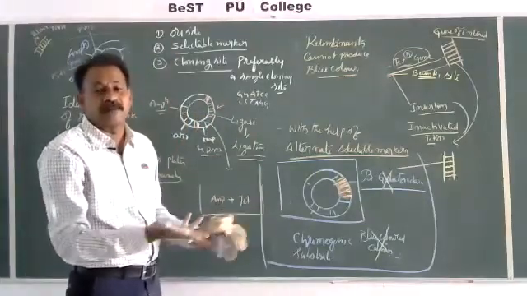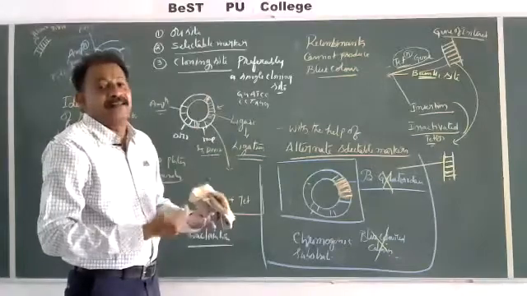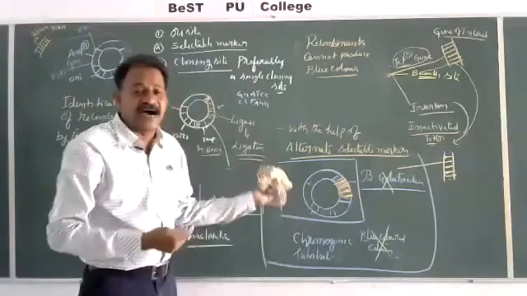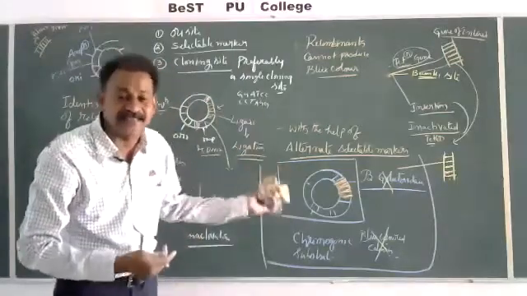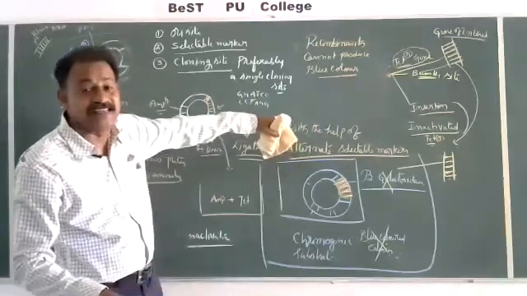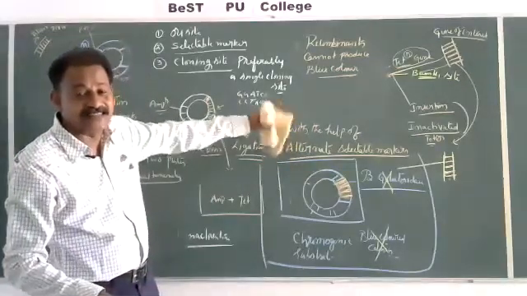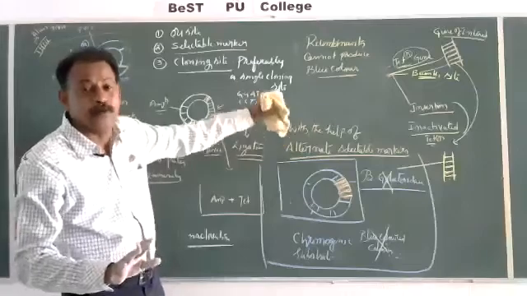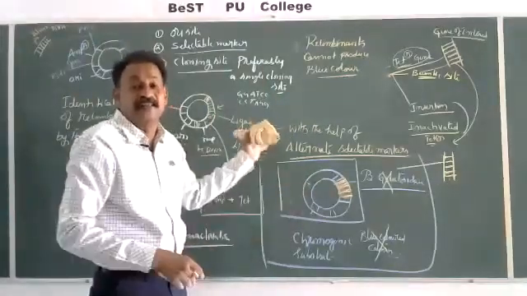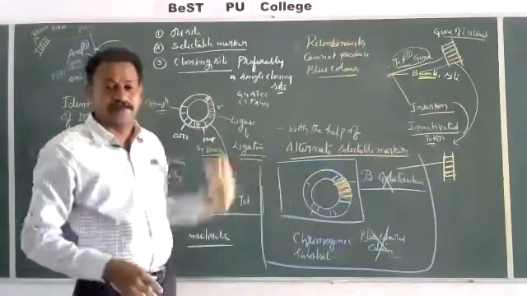Non-transformant, normal bacteria. What is the difference between a normal bacteria and a genetically engineered bacteria? Normal Escherichia coli bacterial cells do not possess natural antibiotic resistant genes. Antibiotic resistant genes are naturally not present in E. coli. Only E. coli cells which are genetically engineered, genetically modified, are called transformed.